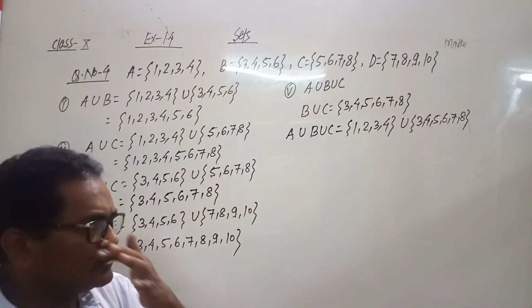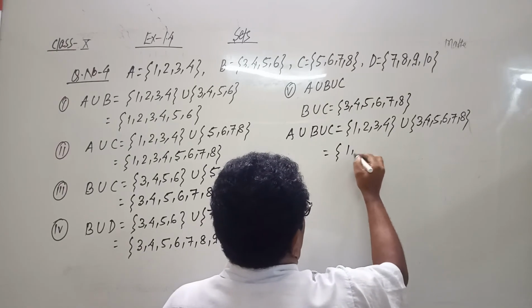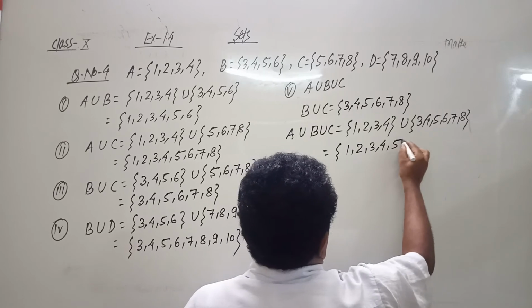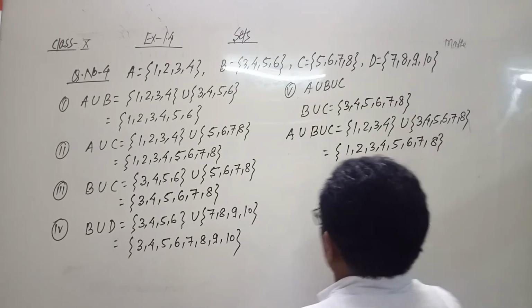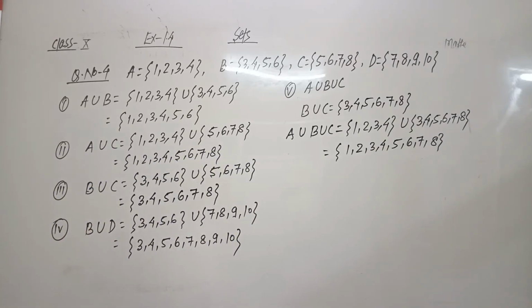Now write all the terms of the sets. So we get {1, 2, 3, 4, 5, 6, 7, 8}. This is A union B union C.